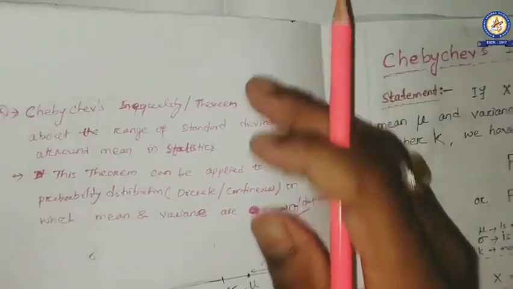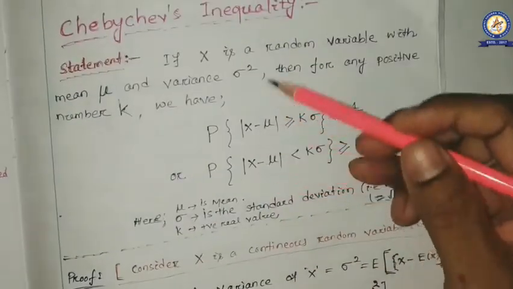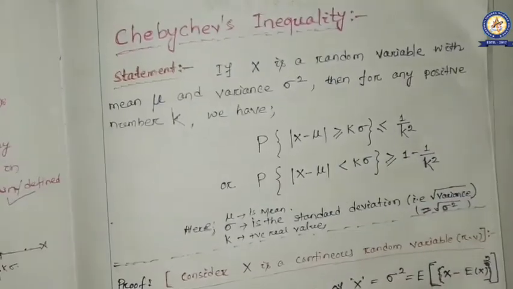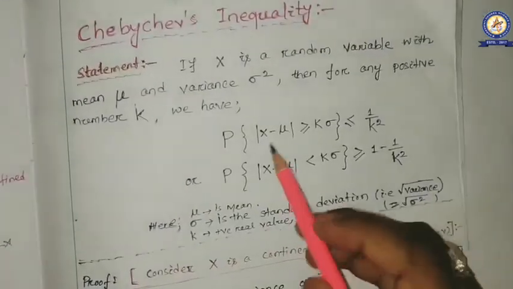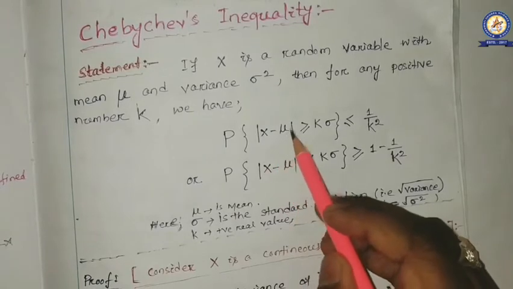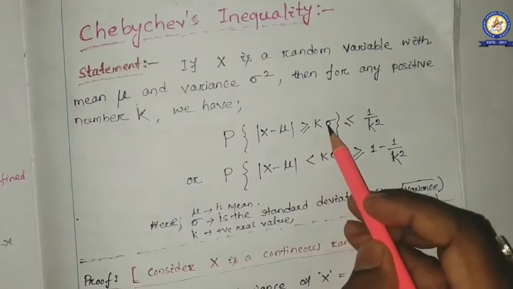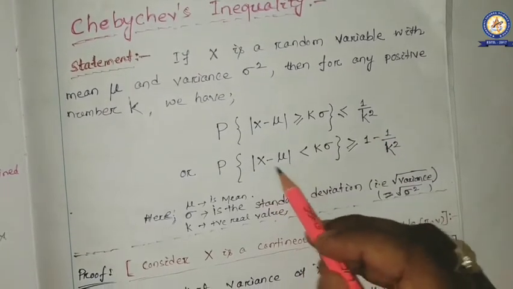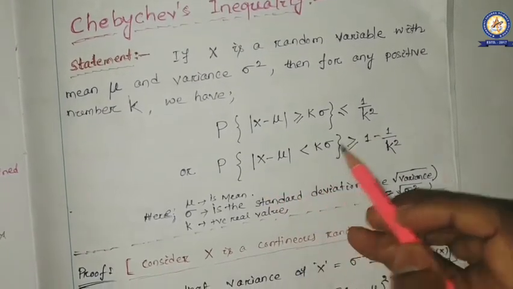Before we start the proof of this inequality, first we have to define the range: for mod x minus mu greater than k sigma, what will be the range? And for mod x minus mu less than k sigma, what will be the range?